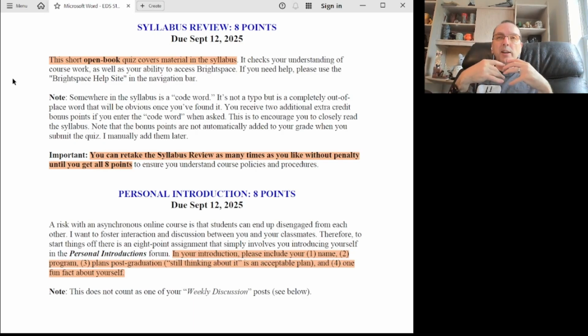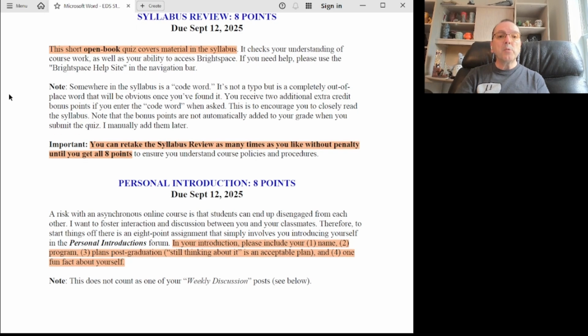It's my way of checking that you've actually read the syllabus and understand a few points, so we're on the same page for how things work. It's also my way of checking that you're able to access Brightspace and quizzes, because if that's a problem, we want to know now instead of waiting until you're halfway through the semester. So that's due on September 12th.